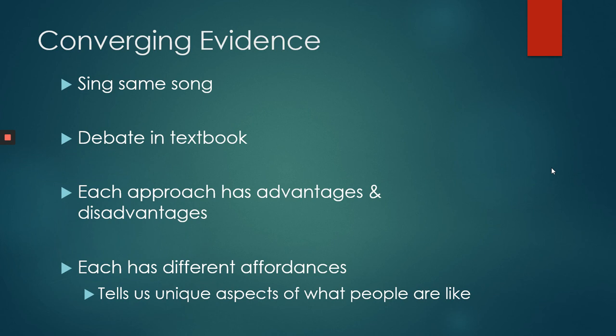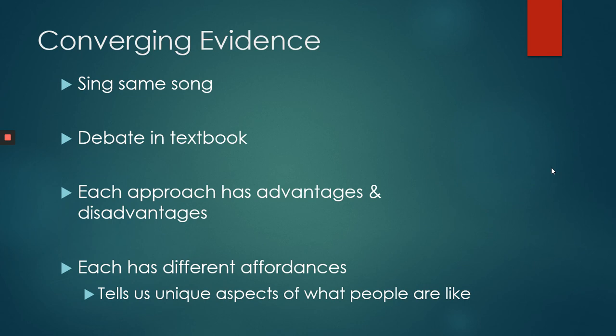What are affordances? Affordances means that there's something unique that approach or methodology tells us about people. So we want researchers to use different methodologies and different approaches because each of those methodologies, each of those approaches tells us something unique about what it's like to be a person.